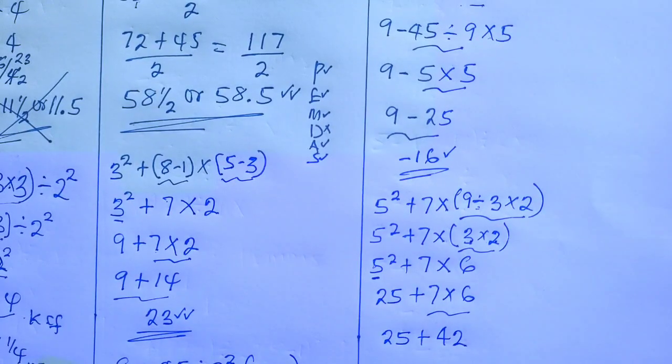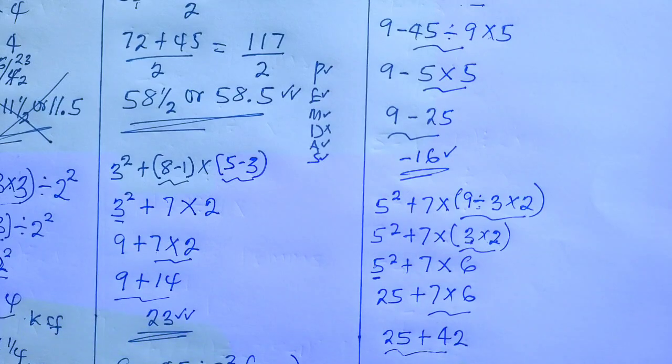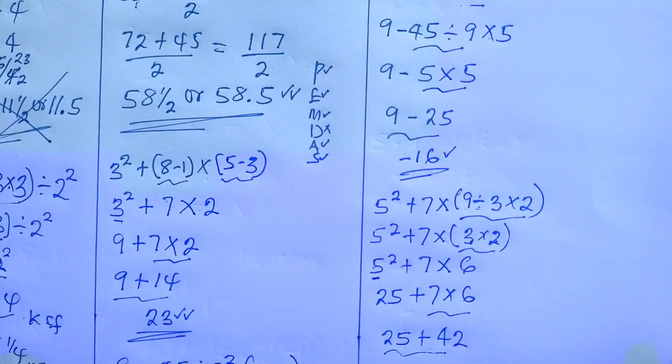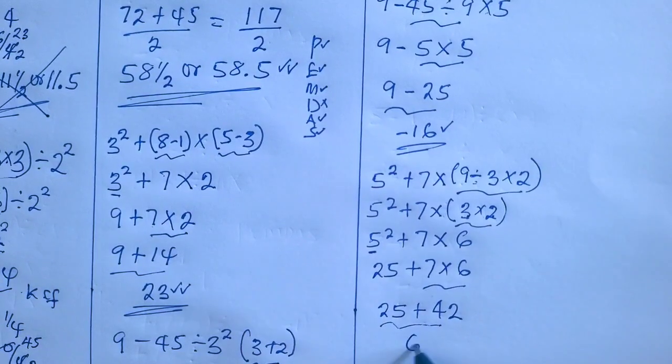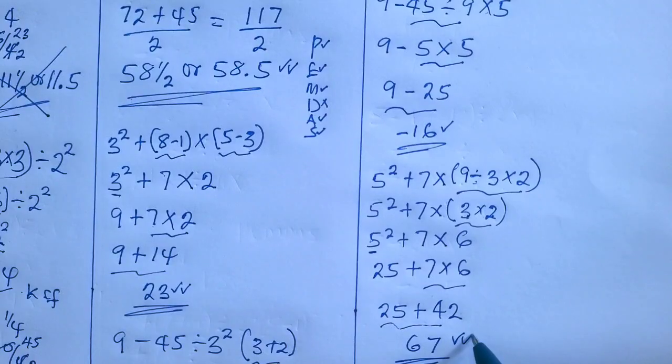And lastly, we are going to consider addition. We have 25 plus 42, that will give us 67. And this is the correct answer to this given expression right here.